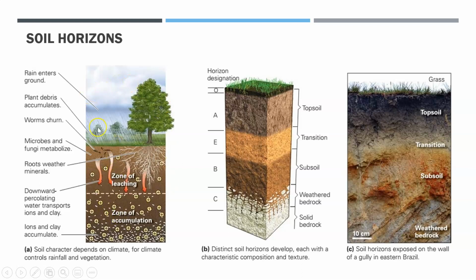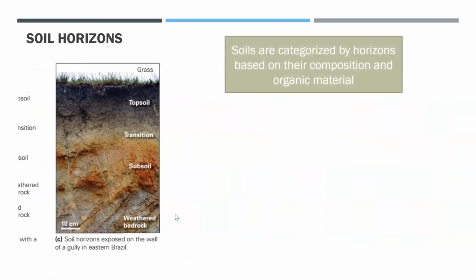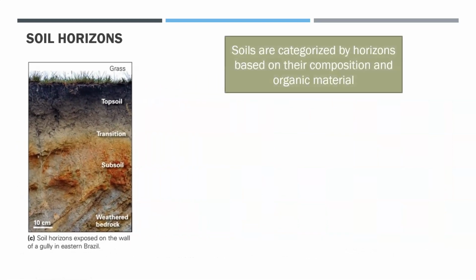These are the areas where the rain enters the ground, takes those minerals from the microbes, and pushes them down into a lower layer of the soil. So let's look at these layers a little bit closer. So the soil are categorized based on their composition in organic material.